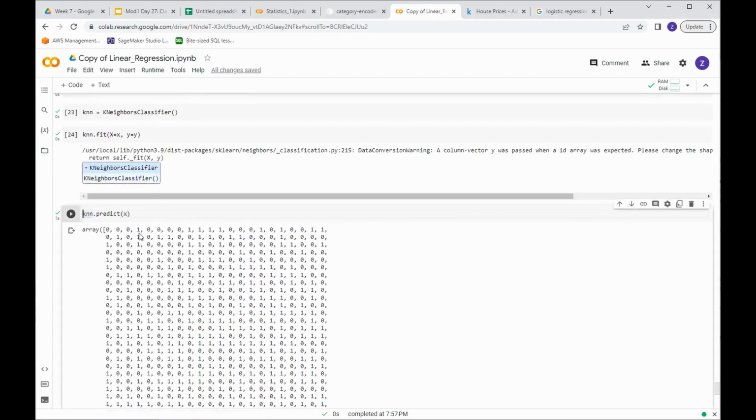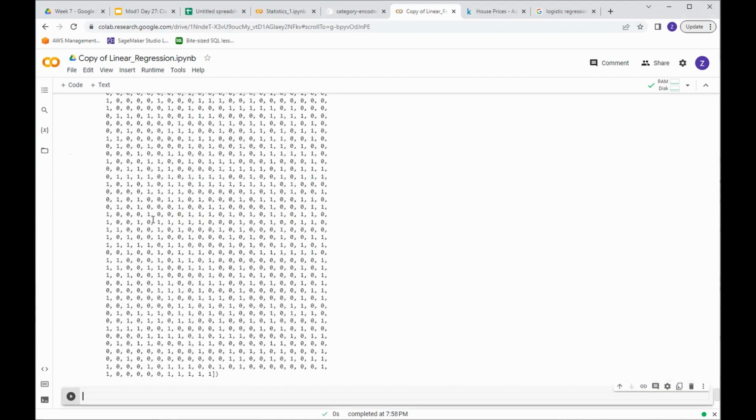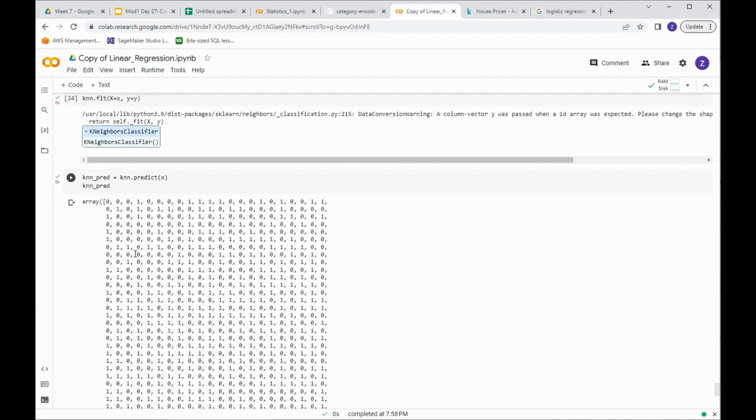If you want to save these predictions as knn_pred, we can do that, and then look at these predictions just to confirm that they got stored properly. So yeah, they look good.